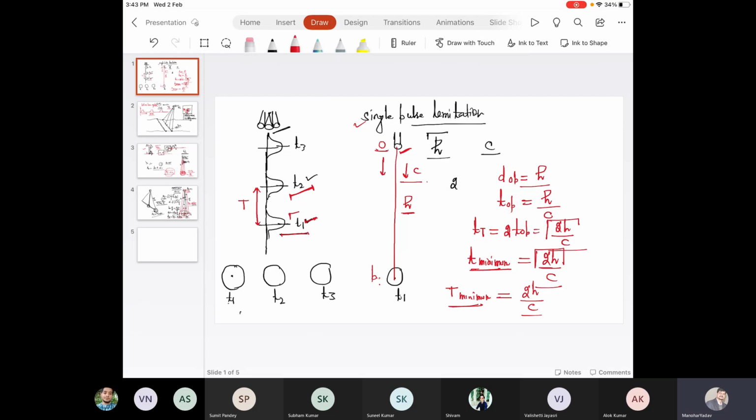So T1 returns after time 2h by c, and after that the next pulse is fired. If you want to fire immediately after 2h by c, then time period T minimum is equal to 2h by c, and this is time period T. Is it clear to all? Yes, sir.